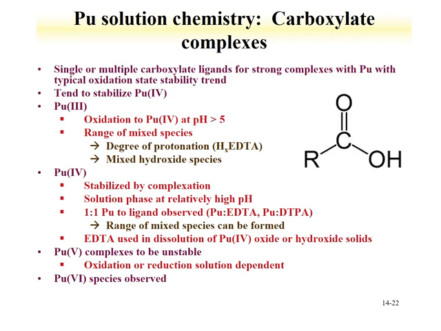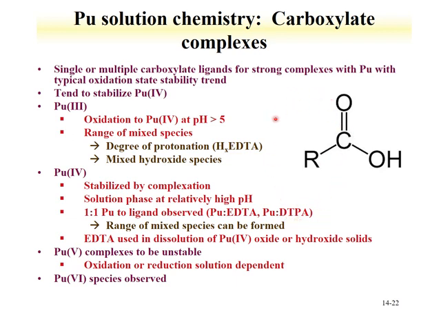Plutonium carboxylate complexes, these organic acids, are also very important species for the nuclear fuel cycle. They tend to form strong complexes and stabilize the tetravalent oxidation state. And here's an example of the carboxylic functional group, where R is just a hydrocarbon of some sort. So an example of this would be something like EDTA, ethylenediaminetetraacetic acid, or DTPA, diethylenetriaminepentaacetic acid.